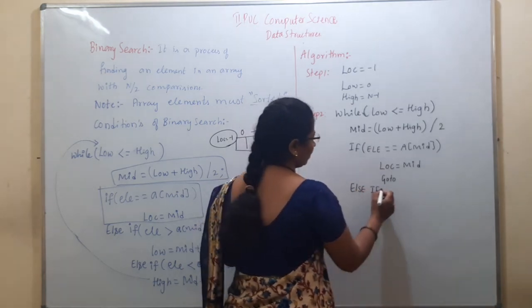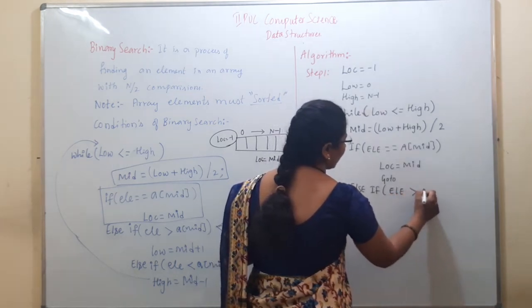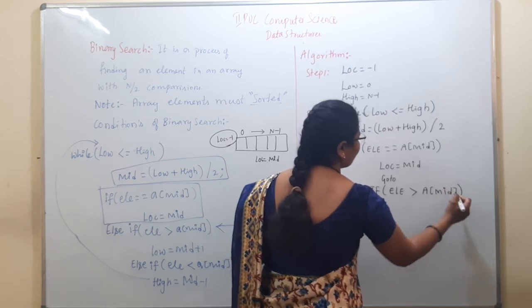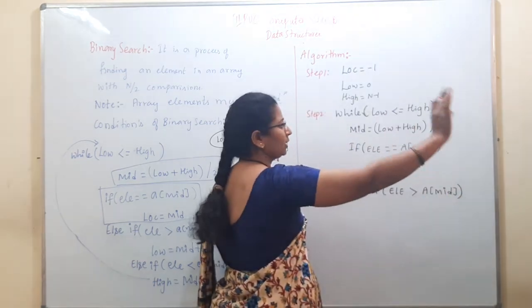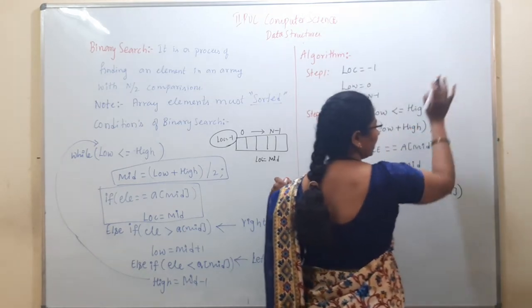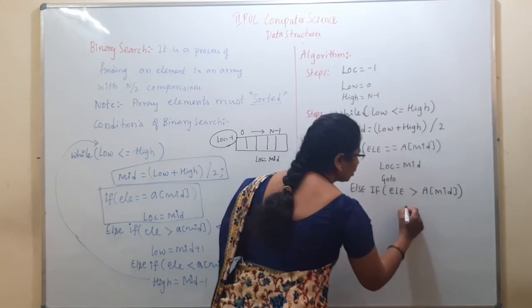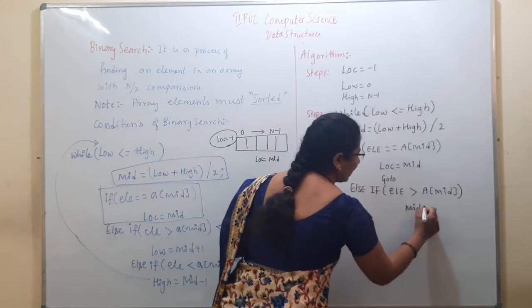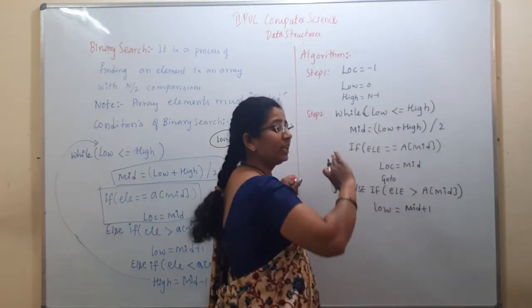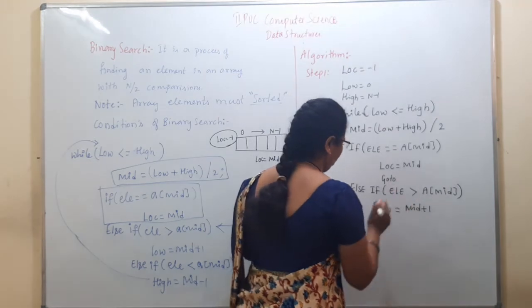If the searching element is greater than A of mid, we traverse only towards the right hand side. That time the low variable has to be brought to the right side, next to the midpoint. Next to the midpoint means mid plus 1.